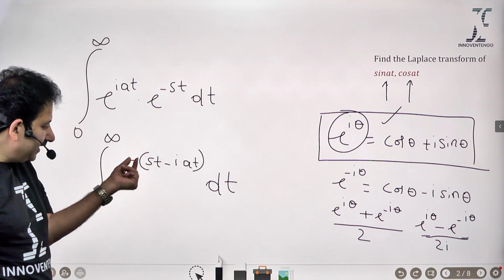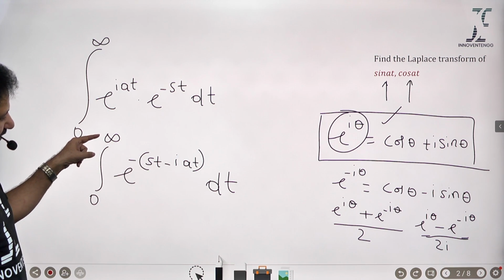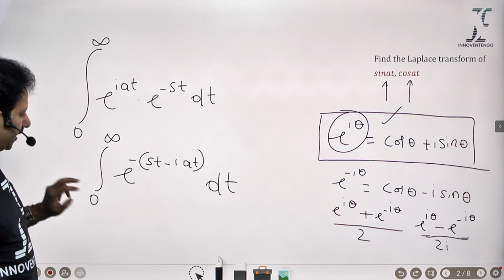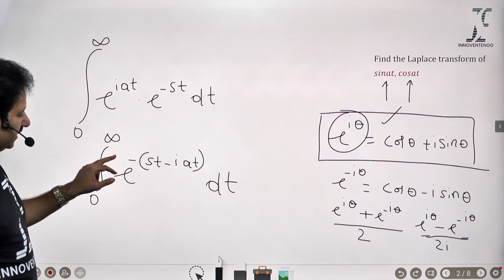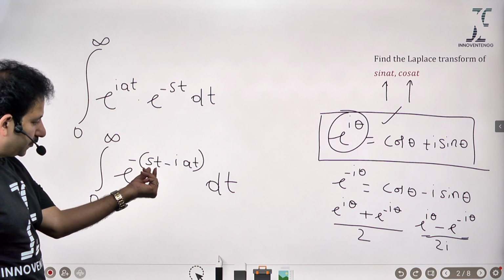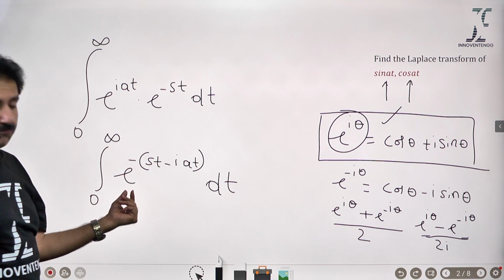And the very reason I keep it minus is because I have one of the limits as infinity. You have to be deliberate at every nuance, because if I were to make it positive, then you would have got confused at the time of simplification. Now if I put t equal to infinity, what happens? This function will obviously go to 0.